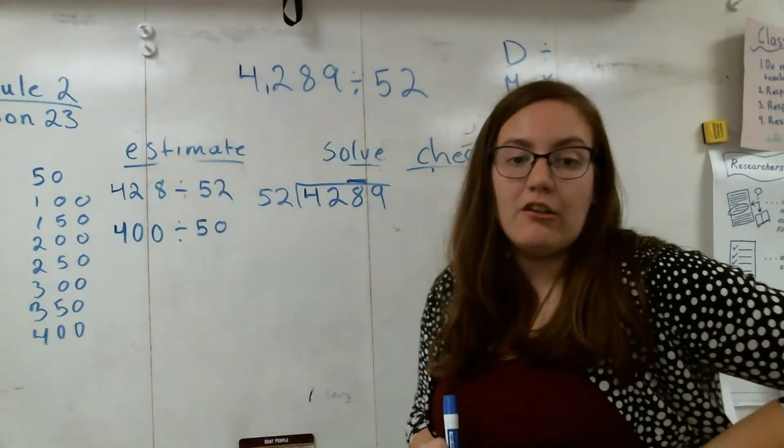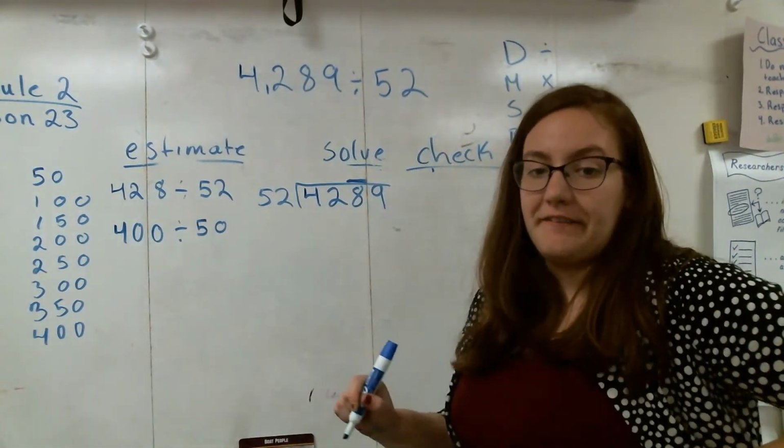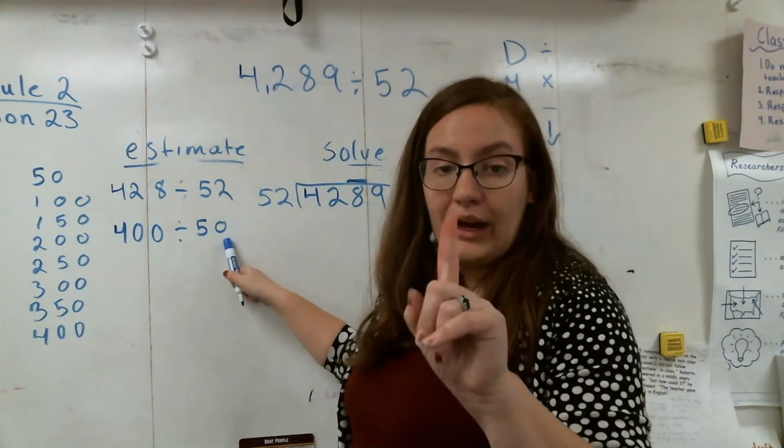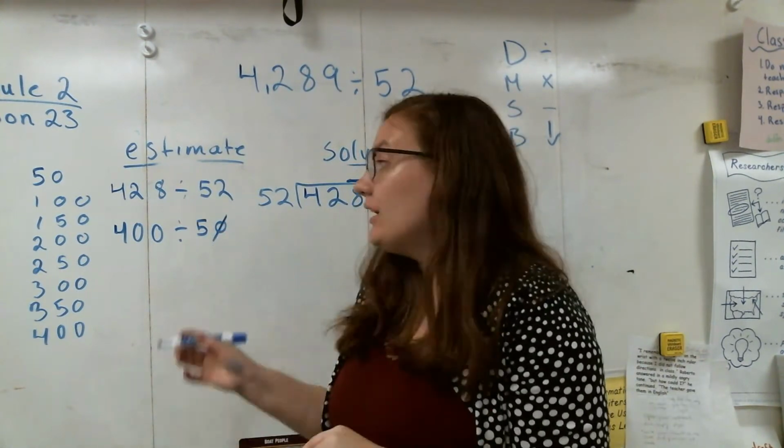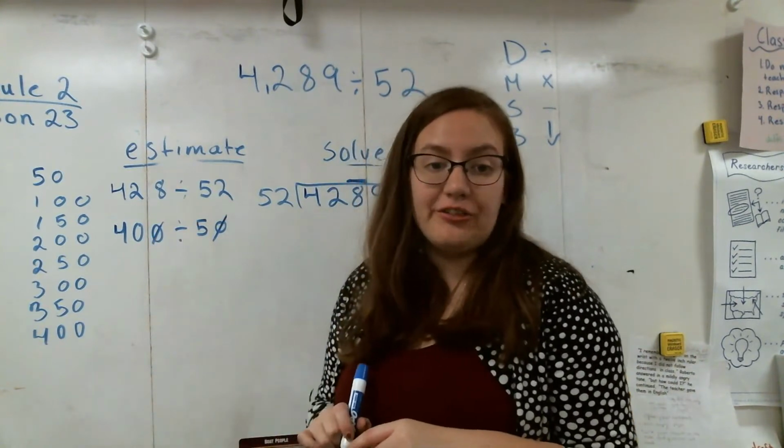And now I need to solve for 400 divided by 50. There's only one 0 over here, so I cross off the 0, and I cross off a 0 over here.